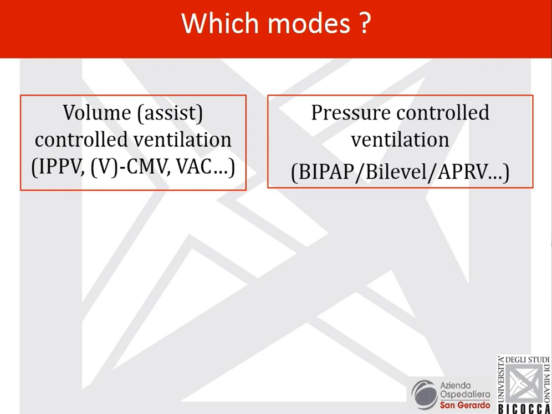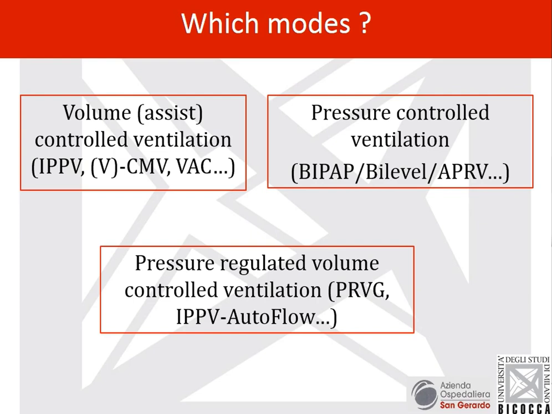Then we have the other form of mechanical ventilation in which we set a given inspiratory pressure, pressure control ventilation. In between, we have hybrid modes in which we control simultaneously volume and pressure, as I will show you later on.